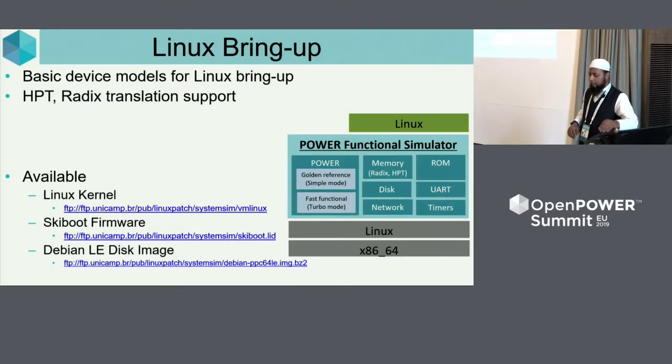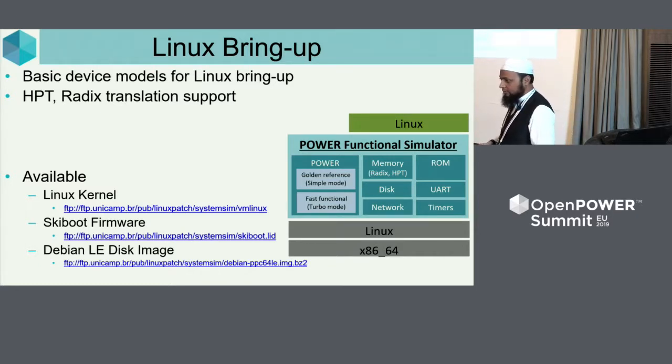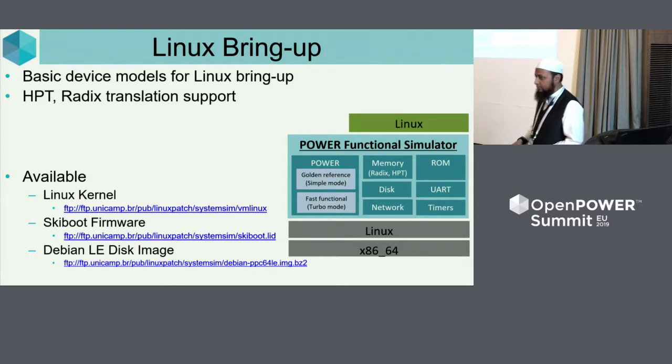Next, we can also do the complete Linux bring up on this simulator. For this, a small system is also provided as part of the simulator, because with only the core, Linux cannot come up. So we have models for a disk, a network, a timer, UART, and ROM. A small system is built around the core so that the complete Linux can be brought up on top of it.